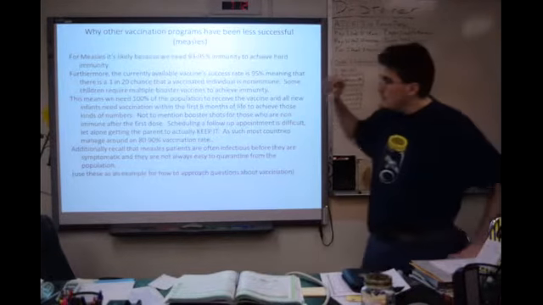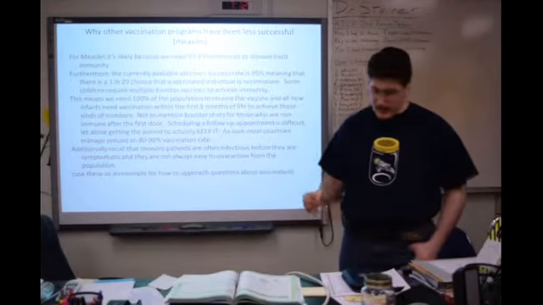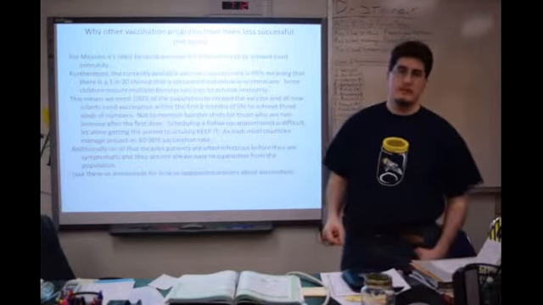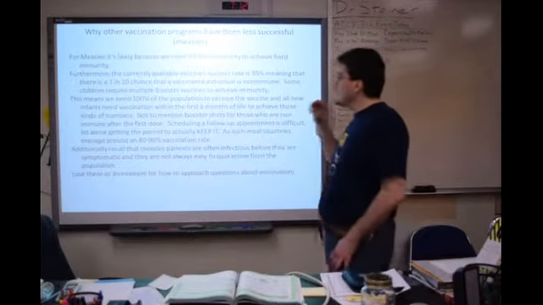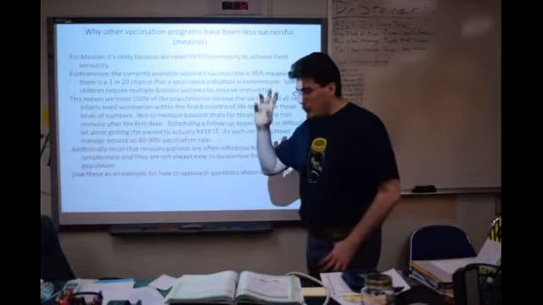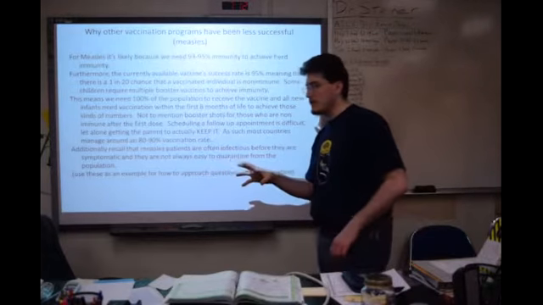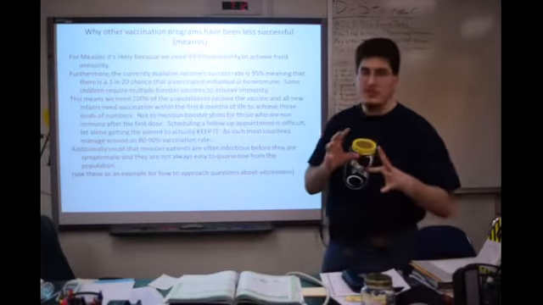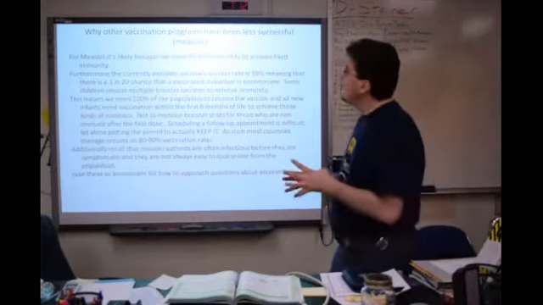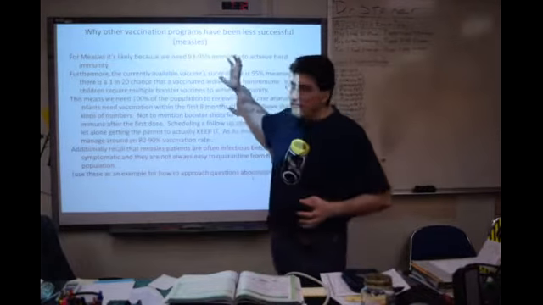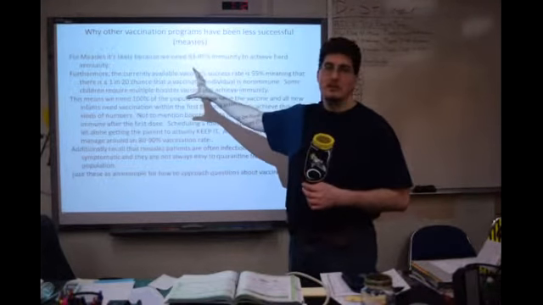And so the vaccine success rate is about 95%. That means that if 100% of the population received the one dose of the vaccine, you'd only have 95% immunity in the population.